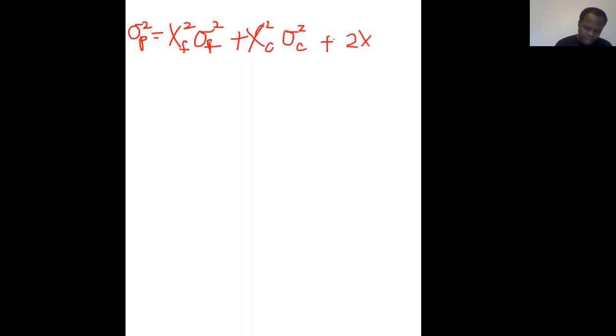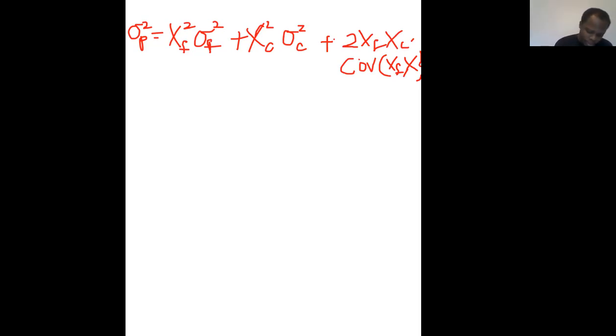The variance of a portfolio is equal to the weight of F squared times the volatility of F squared, plus the weight of the second asset, C, squared times the volatility of C squared, plus 2 times X of F times X of C multiplied by the covariance of F and C.